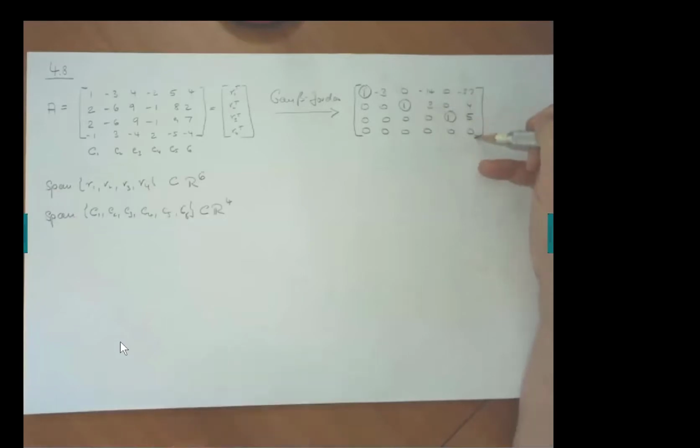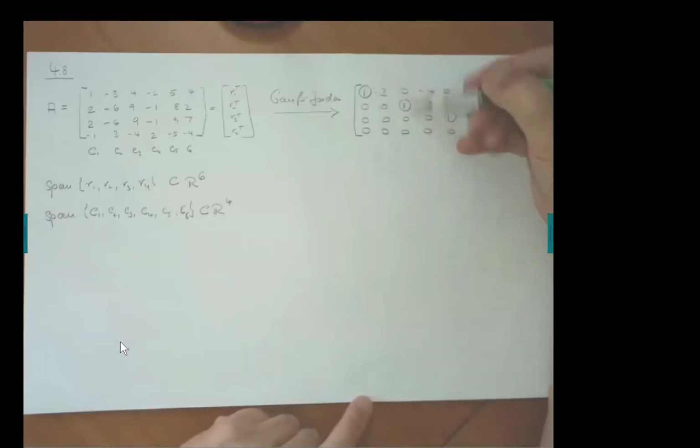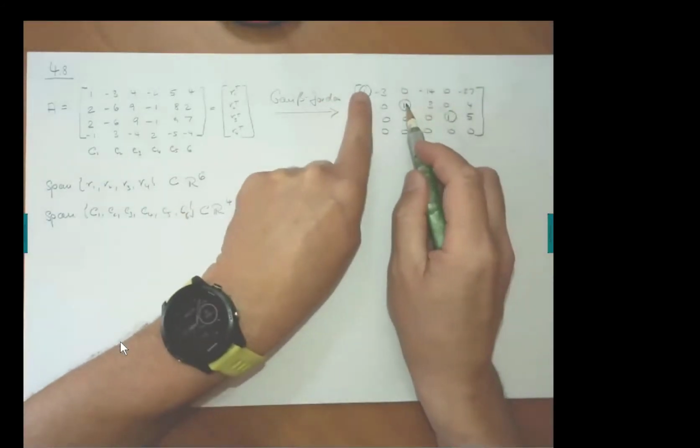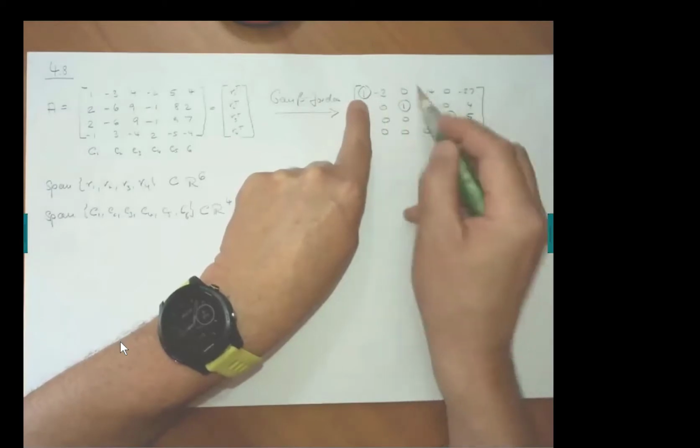The 0 row doesn't contribute to the span, because the span of the 0 is just the 0 vector. We also have 6 columns, but we see only these columns are enough. With the help of these columns, we can make every column vector.